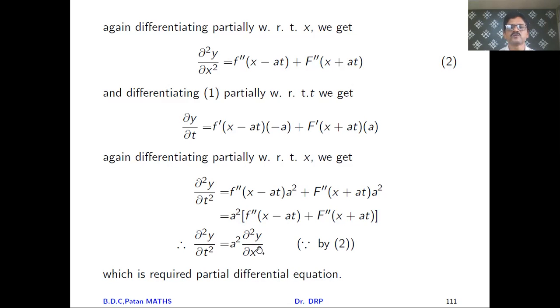So if you observe this equation, this is free from small f and capital F, and it only involves partial derivatives. So this is nothing but what we call the required partial differential equation, which we obtained by the elimination of the arbitrary functions small f and capital F from the given relation.